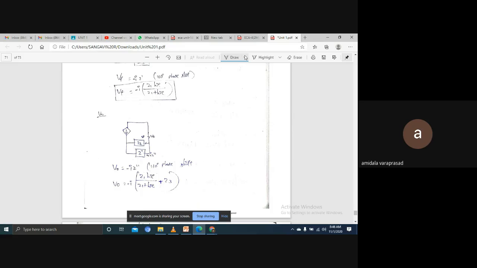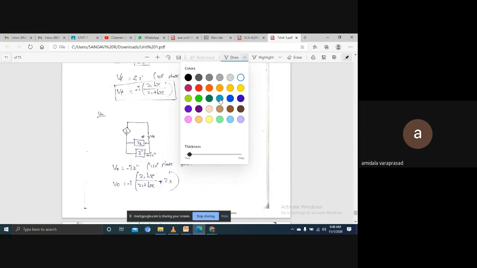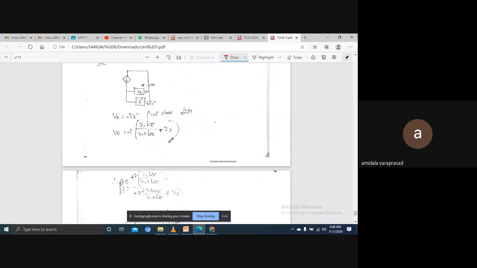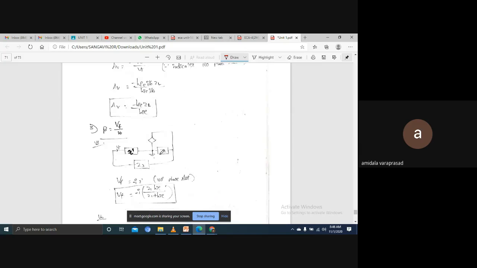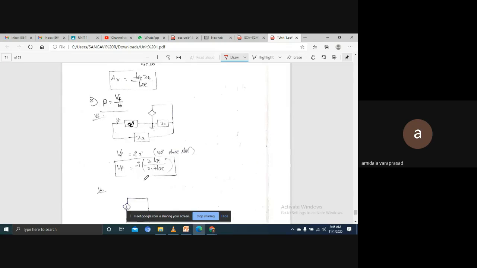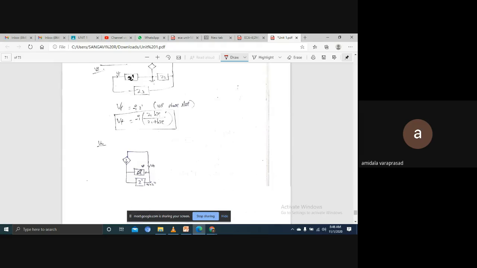Now Z double dash is substituted in this equation. After substituting Z double dash, we get this equation, and from this we find V naught. Beta is VF by V naught, right? For that we found VF and V naught.